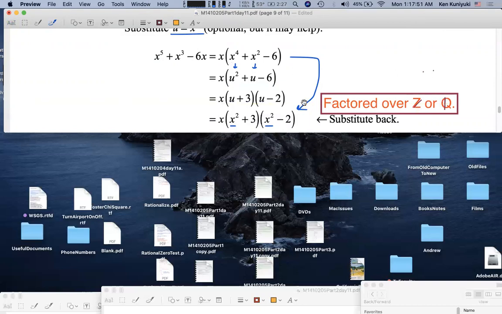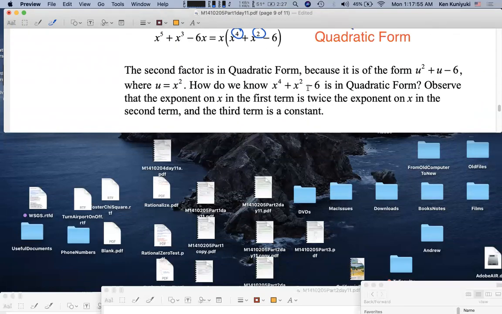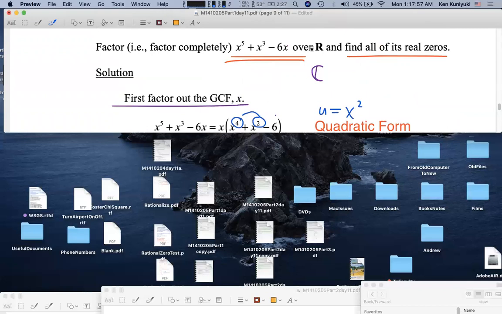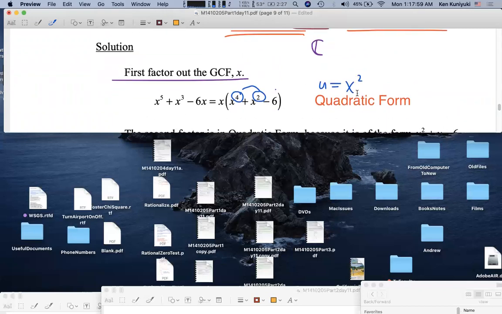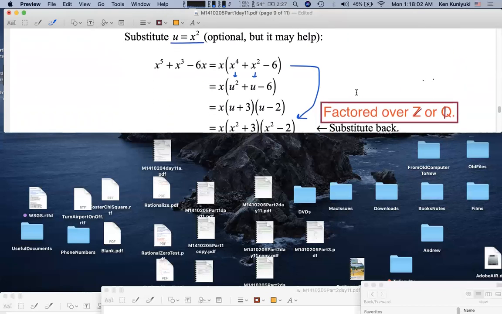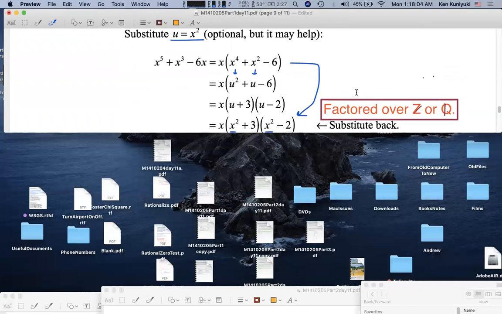All right, but if we wanted to factor this over the reals, and that was the instruction here for us to factor over the reals, what else could we factor? Well, the x is just a nice linear. It's just an x. Over here, x squared plus 3. Well, here's a hint.